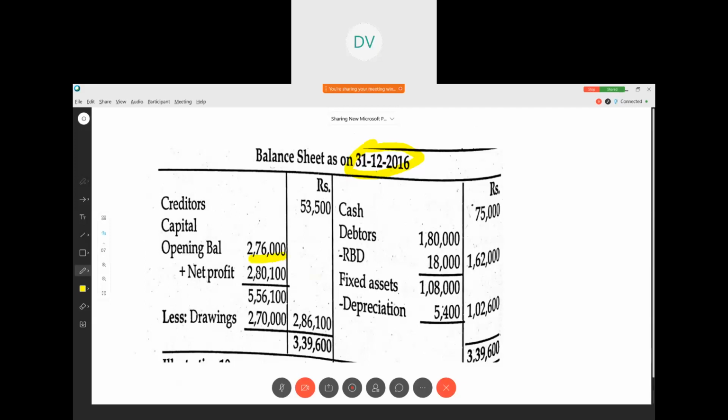That we are writing. Again, net profit we are writing. Then drawings we are deducting. So less drawings. So we got this. Clear? So the balance sheet gets tallied. I hope you understood this problem. This is a simple problem. If you understood this, the next advanced problem we can work out. Thank you.